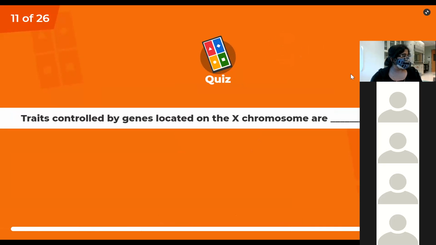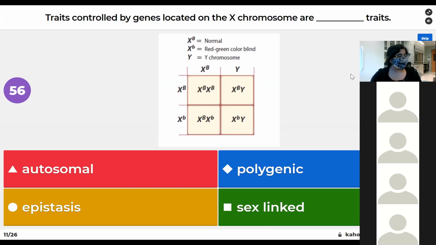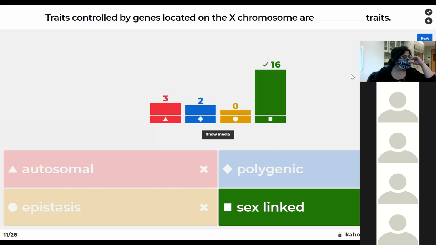Traits controlled by genes on the X chromosome are blank traits. Good.